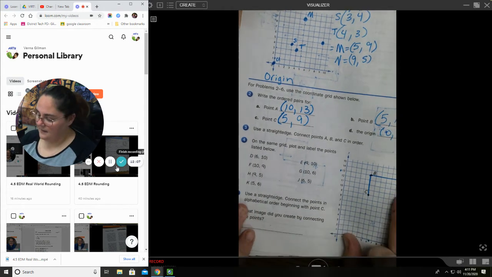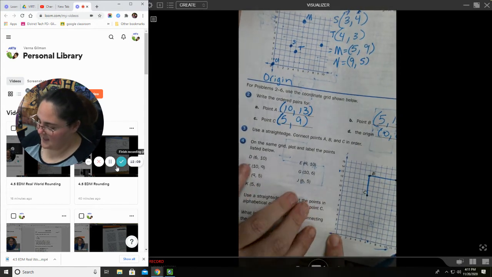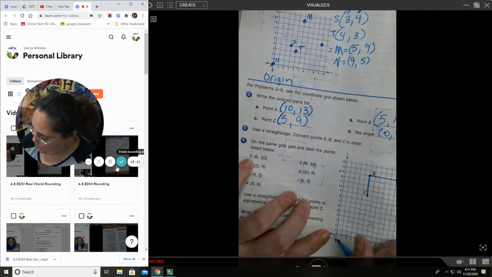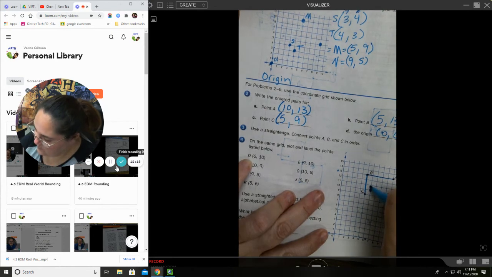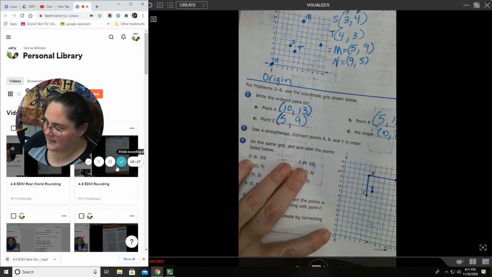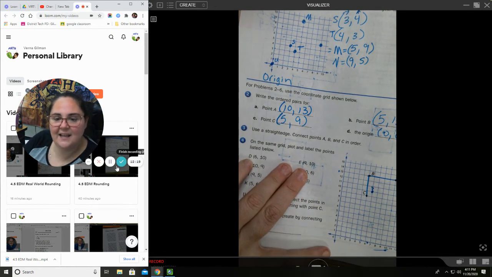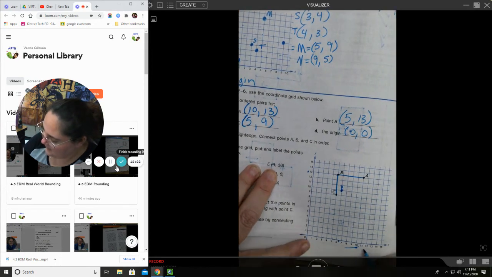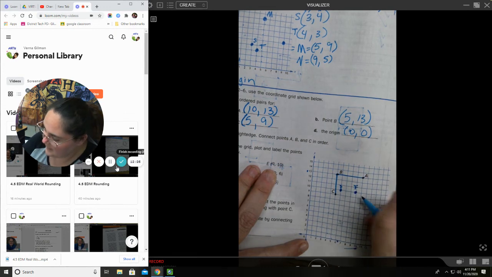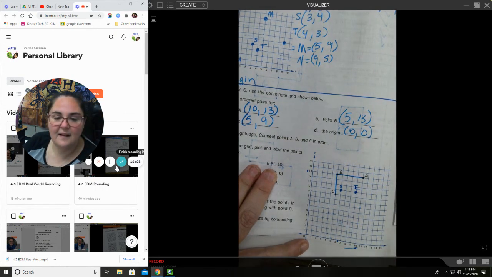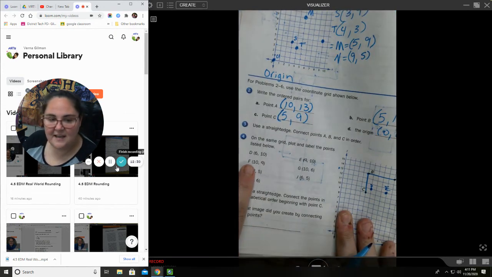All right? D, we're going to go to 6, 10. Over 6, up 10. It's going to go right here. That will be D. E, we're going to go to 9, 10. So over 9, up 10. F, 10, 9.